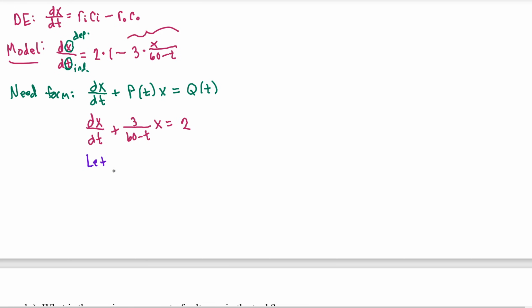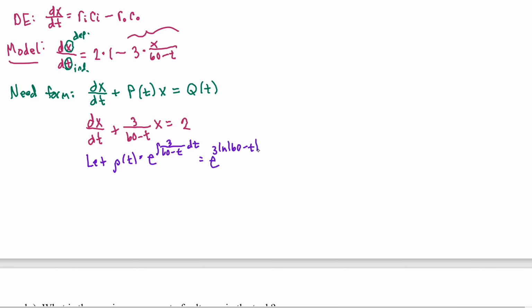Our integrating factor, not rho of x this time, but rho of t, will be e to the integral of p of t. That's 3 over 60 minus t dt. If we integrate up there in the exponent, we're going to get e to the 3 times the natural log of the absolute value of 60 minus t.